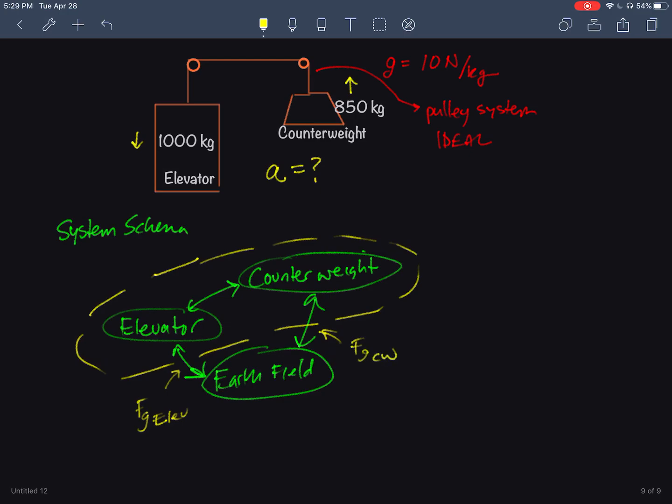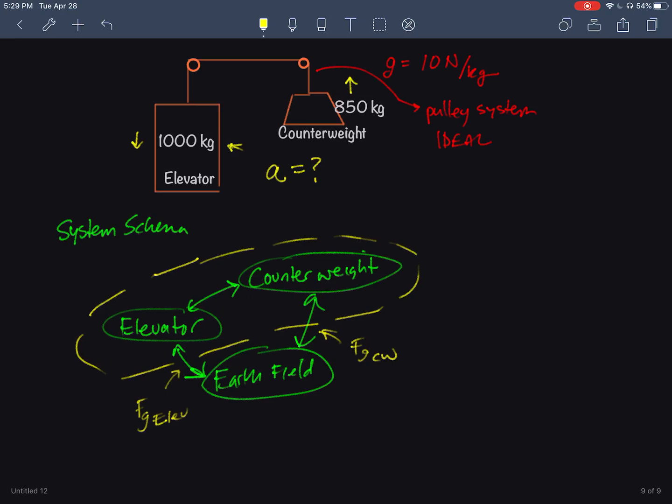And then you have to think, how are those forces adding together or subtracting? Well, take the point of view of the elevator and say, which way is the elevator going to go based on our intuition? This has more mass and thereby weighs more than the counterweight.